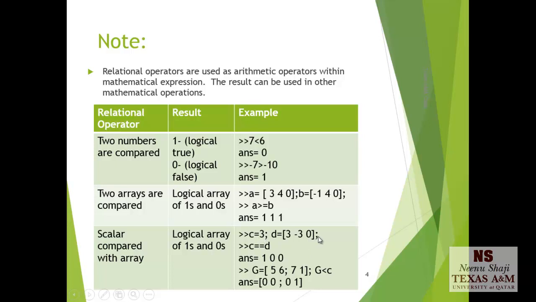And the 3 is compared with the last element 0, they are not equal, so the answer is 0. Similarly with an array, 5, 6, 7, 1 is a 2 by 2 matrix. It's compared with the scalar C, and you get the following array with 0s and 1s.